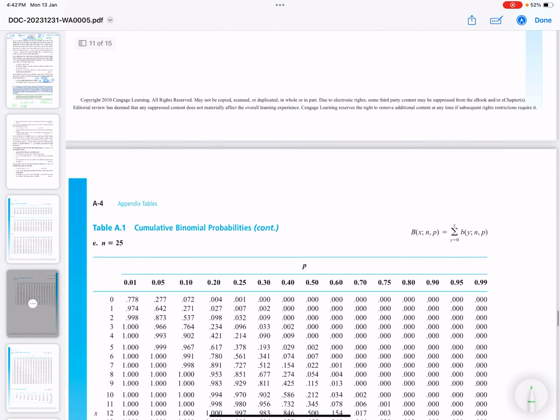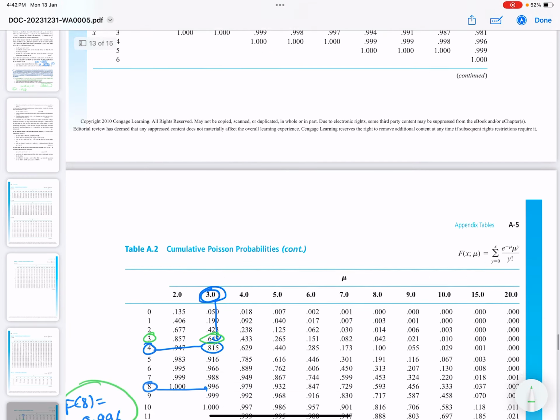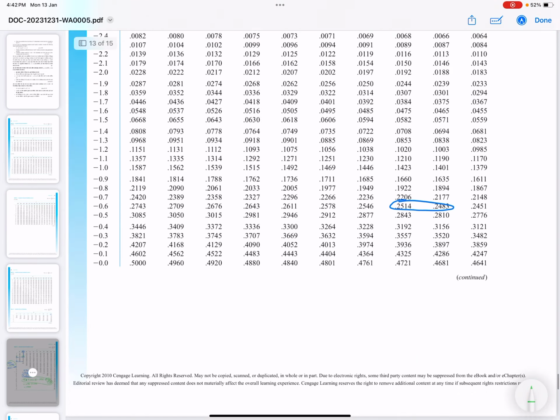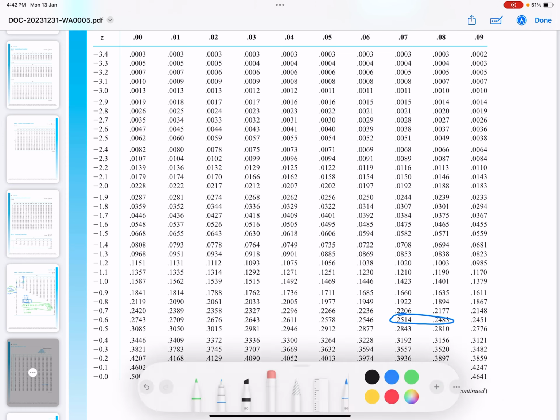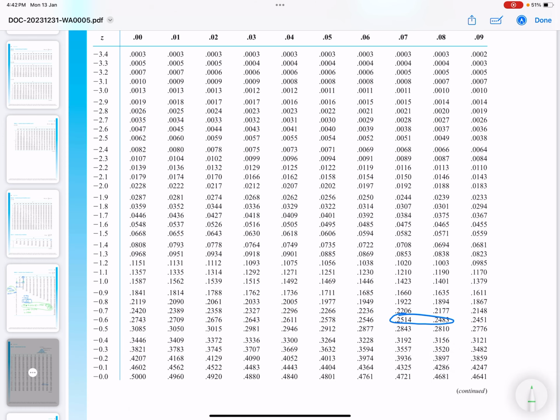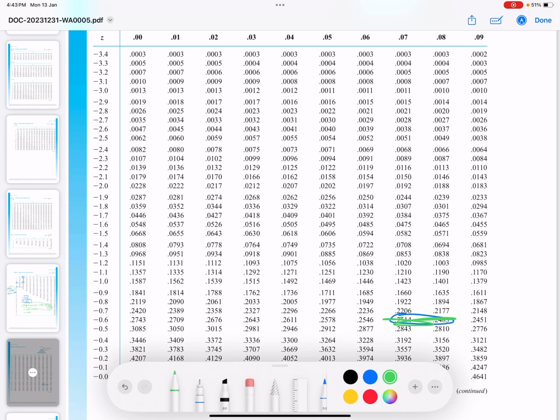We are supposed to find 0.25 for the standard normal distribution. Now you need to look at these values to find the percentile. I have already marked it because it would have taken time to find.